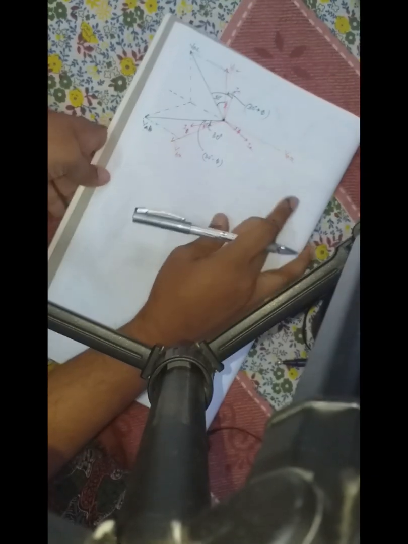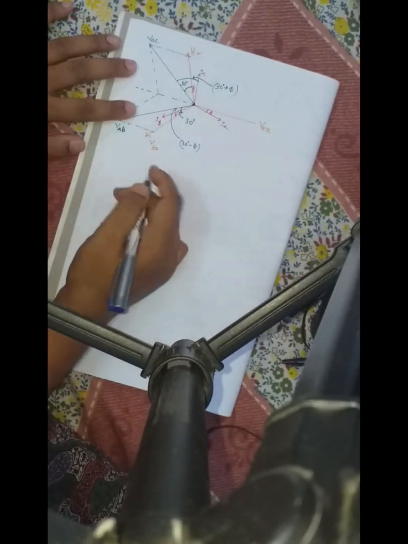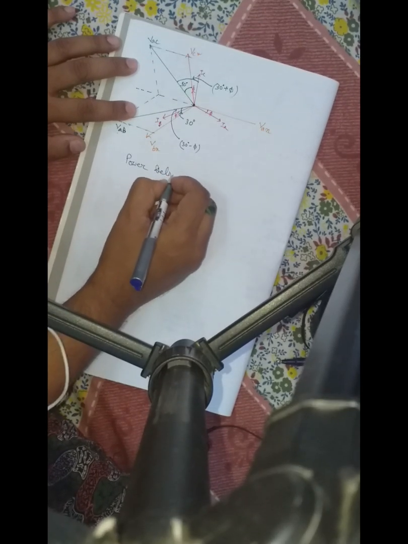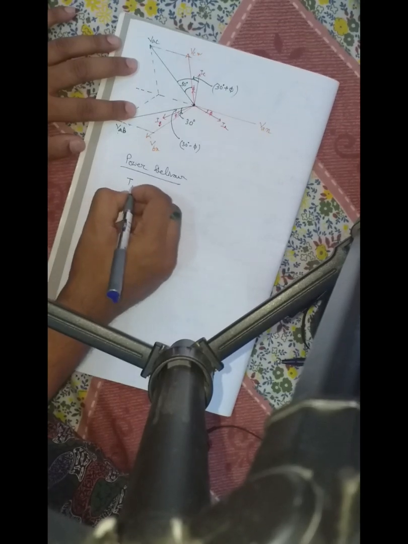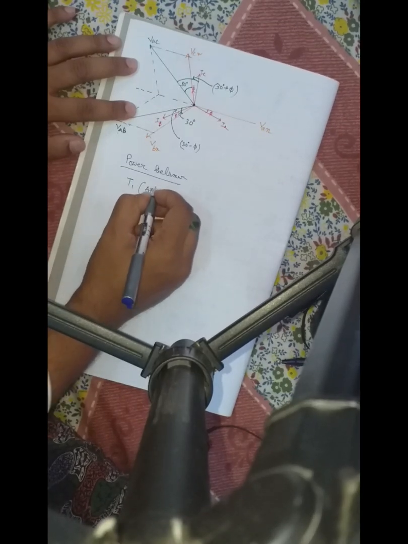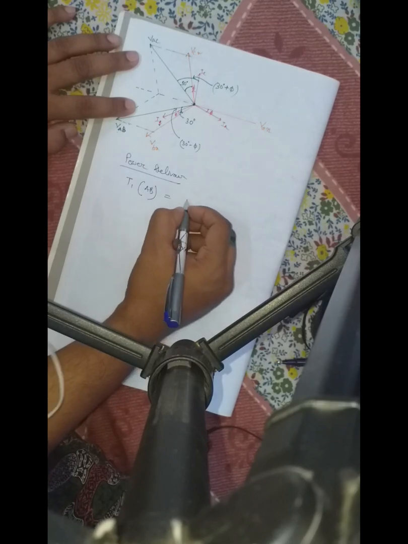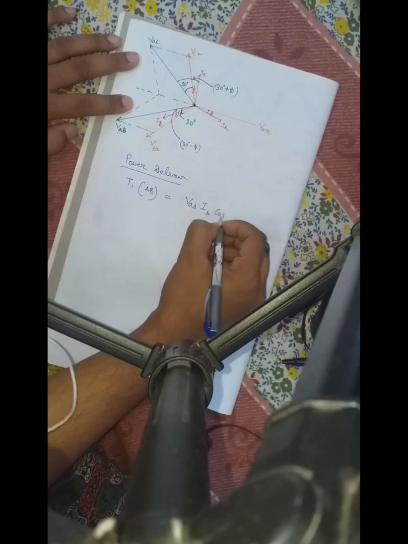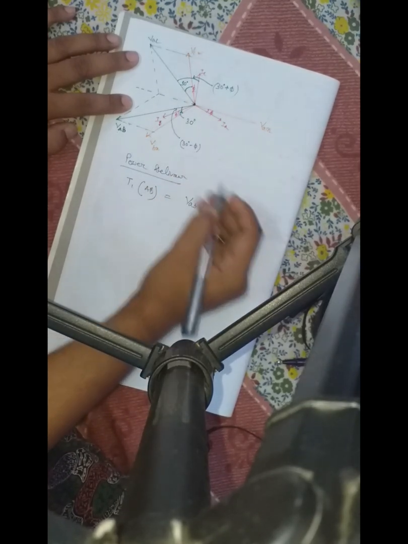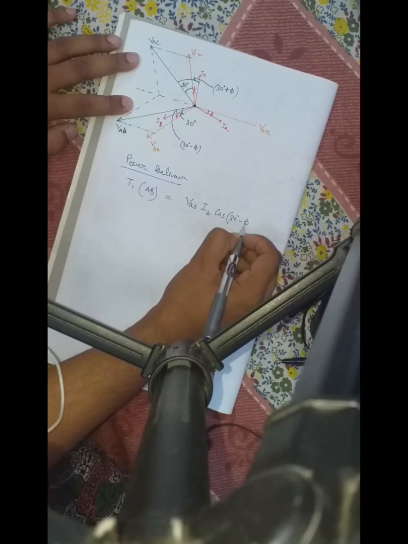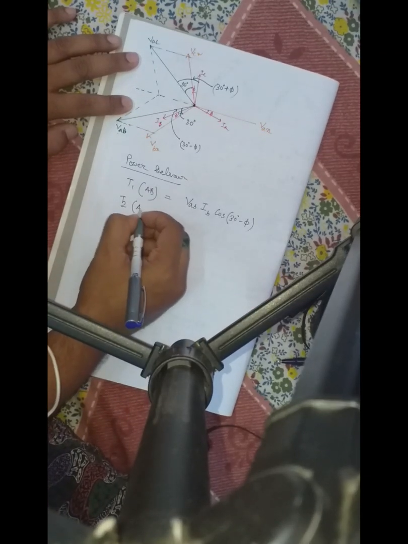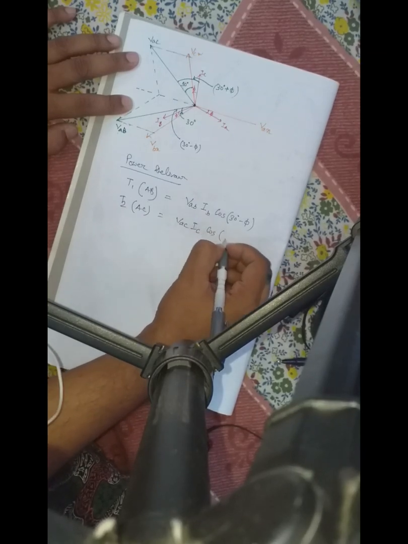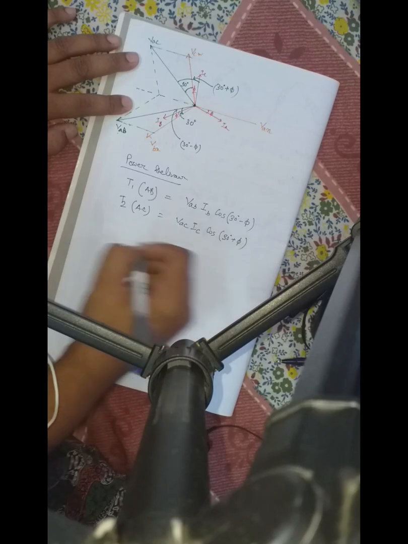So, the power delivered by the T1 transformer, that means the AB coil transformer, is equal to VAB into IB into cos of 30 degrees minus phi, and the T2 transformer, that is AC, is VAC IC cos of 30 degrees plus phi.